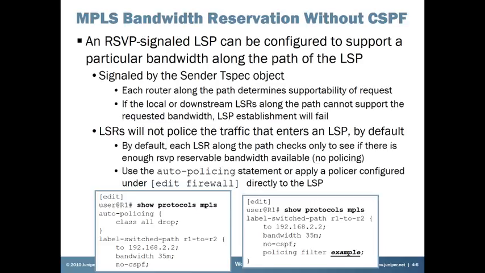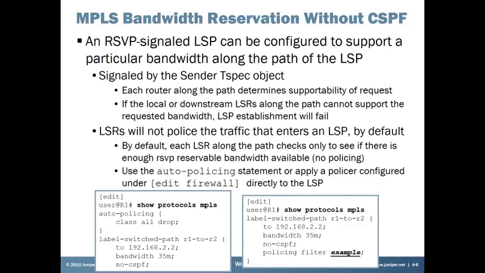Now, following on from that thought of specifying that we need a certain amount of bandwidth, once we've got our LSP built with our bandwidth, MPLS doesn't actually police the bandwidth.